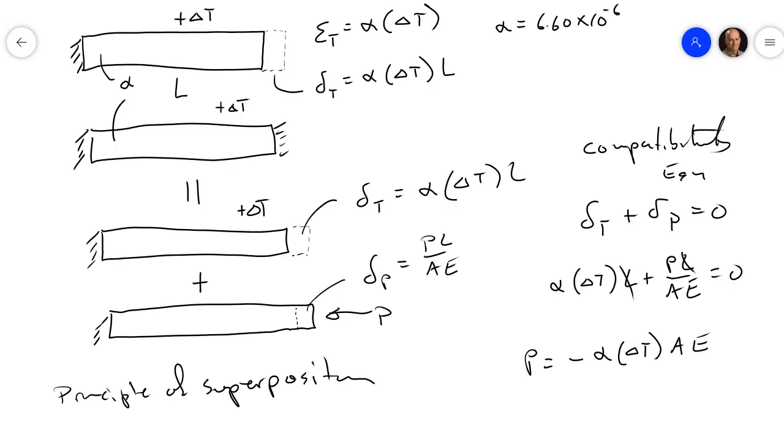minus 6 per degree Fahrenheit. And let's pick a change in temperature of plus 60 degrees Fahrenheit.